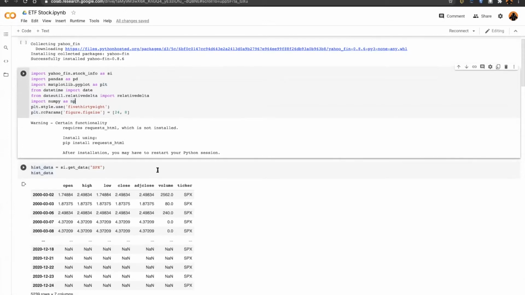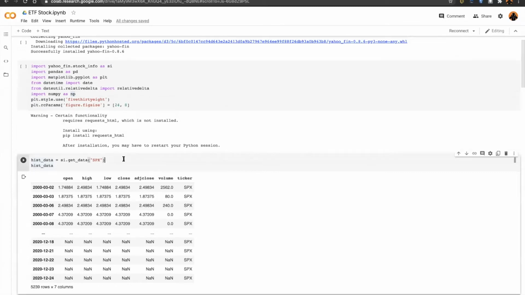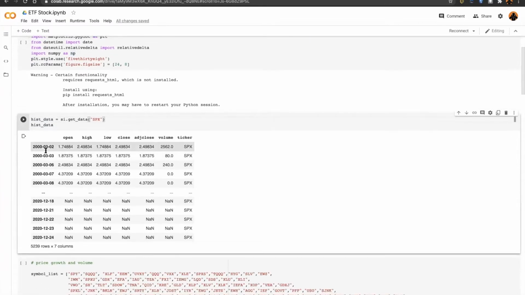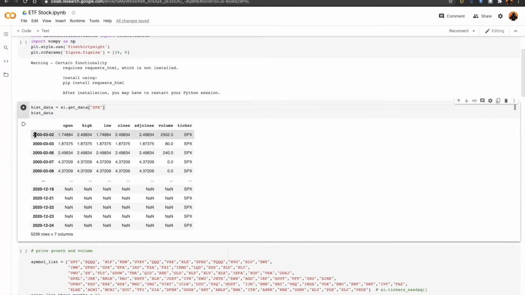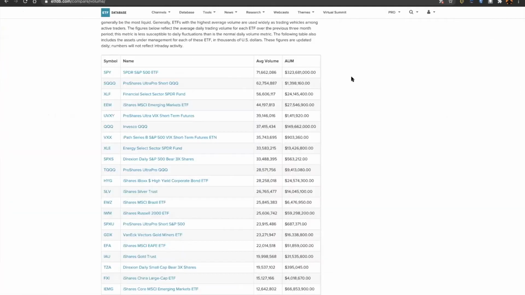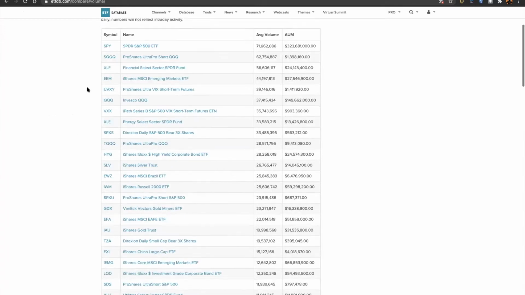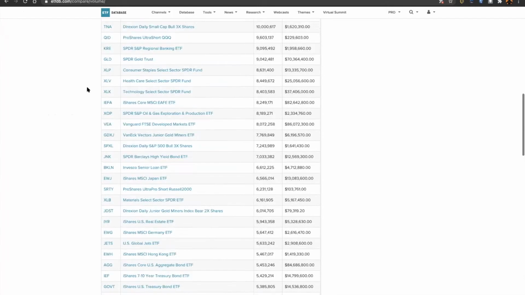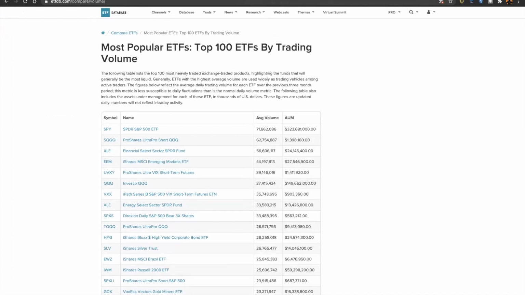Then, for example, if I grab an ETF like SPX, the S&P 500, and check its history, it starts from March 2000 till 2020. I think the last date is 2 days ago. Then I check the whole list of these popular ETFs, the top 500 ETFs, into here.